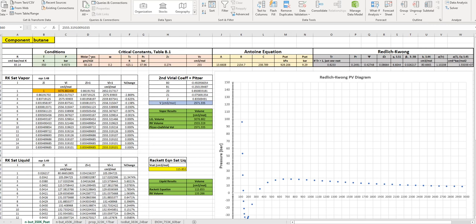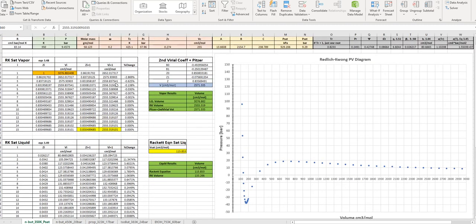These are only based on this information right here: the properties, the conditions, and the critical constants. That's how these are calculated. Now, there's a couple different ways to solve this cubic equation, and one of the old-fashioned ways of doing it would be through an iterative process.